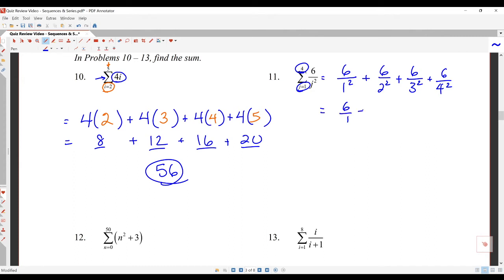So I get 6 over 1 plus 6 over 4 plus 6 over 9 plus 6 over 16. At this stage in the game, I would have no problem with you using a calculator to do this. At that point, you would get 205 over 24. You could give me the decimal version. I just don't have that written down right here.